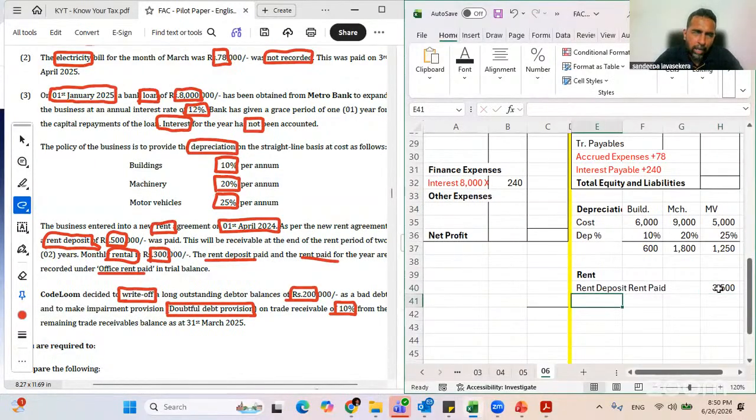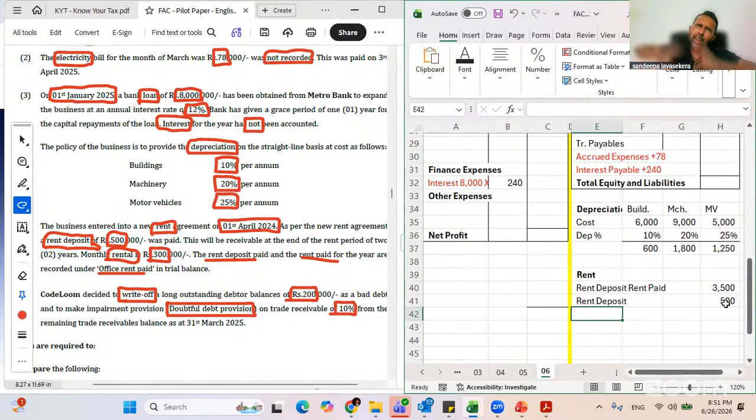Both rent deposit and the rent expense 3,500. Now that includes the deposit that we have to remove. So the rent deposit amount alone is 500. Here inside this 3,500, 500 is a deposit. Rent deposit is not an expense, it's an asset.